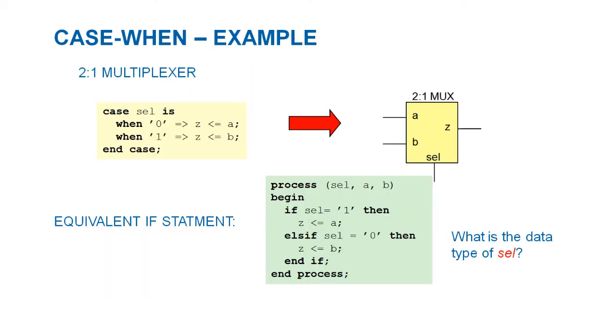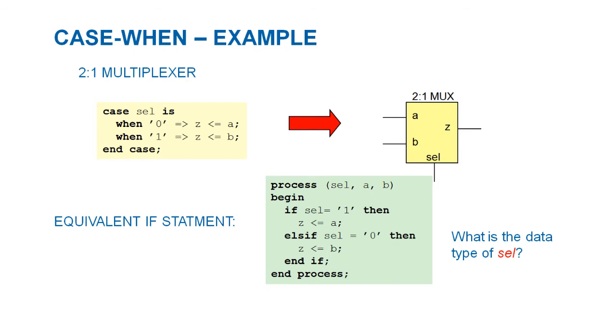Here is an example of how to use a case statement. We have case selection. It's a signal that can evaluate to value 1 or value 0, in which case we assume that selection is of type bit. If, however, selection is not of type bit, then we might have a latch in the system because we do not have a when others alternative.